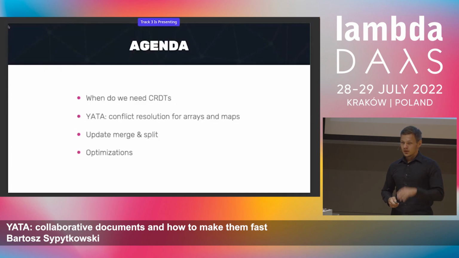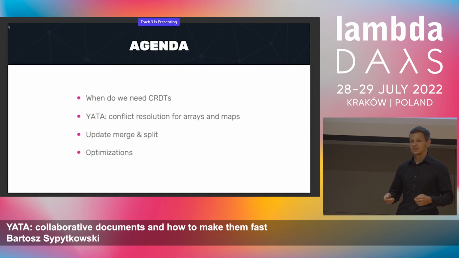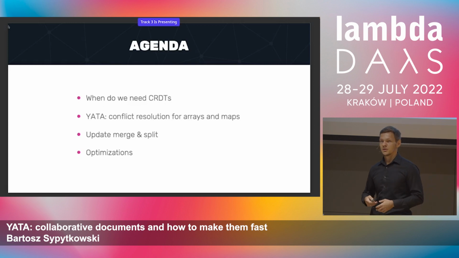What we are talking about today is specifically rich text documents, and an approach to resolve conflicts and build collaborative rich text documents. We will be talking about the Yata algorithm specifically, and we'll cover a variety of things related to it, because rich text documents are not only about sequences of characters, but also maps, formatting, moving ranges of elements and stuff like that.